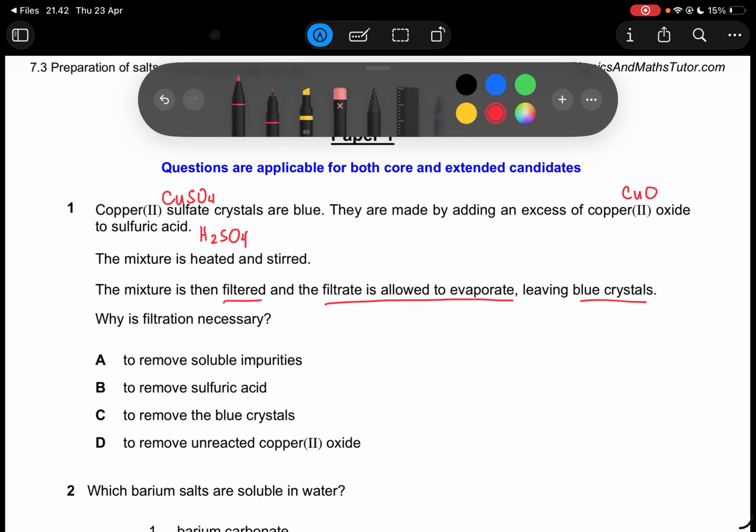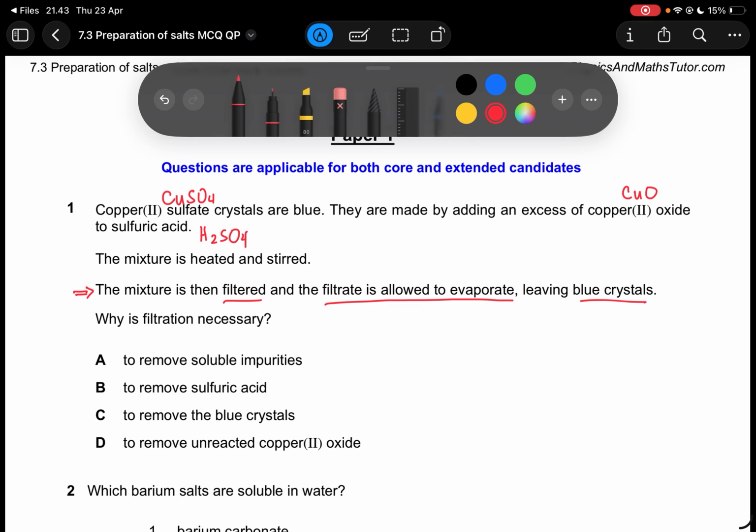Why is filtration necessary? Before we answer the question, we have to remember that this method, wherein we mix the copper oxide with H2SO4, we warm the acid and add excess copper oxide, is one method of preparation of salt, and that is neutralization.